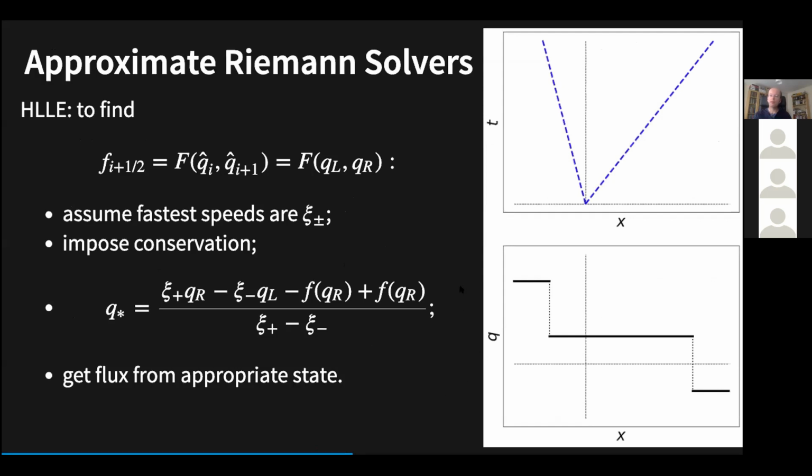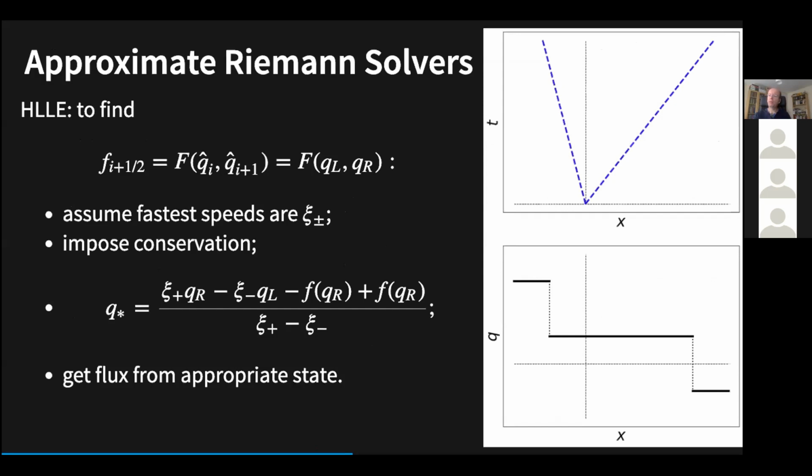Right, so when the characteristic information is ambiguous, or when we're working with a nonlinear system where we've got multiple pieces of characteristic information, it's most straightforward to approximate the solution to the Riemann problem in order to solve for the cell flux.